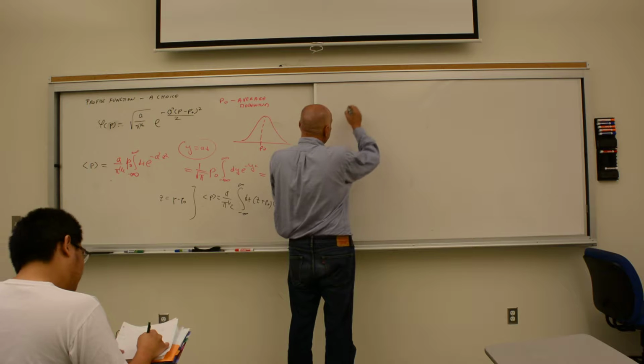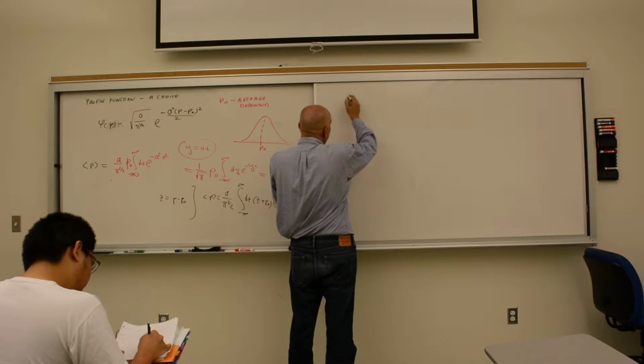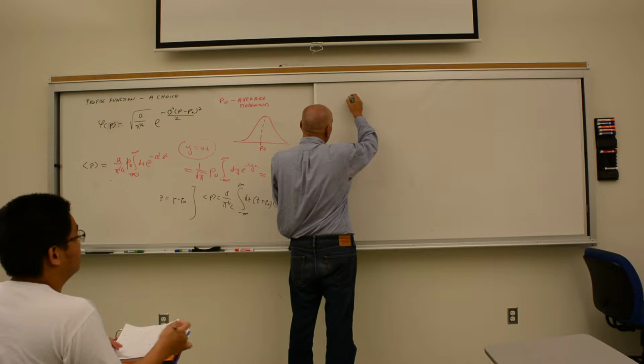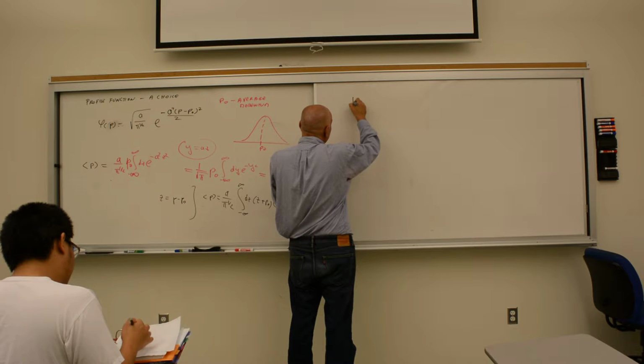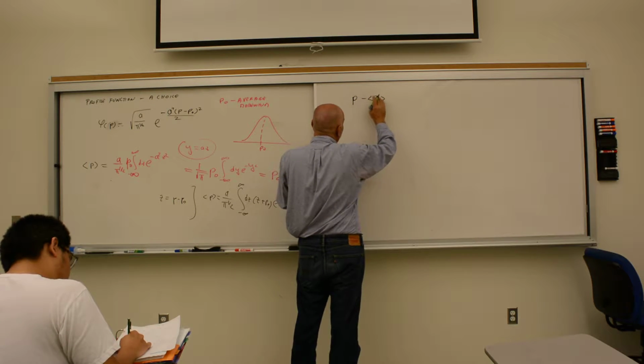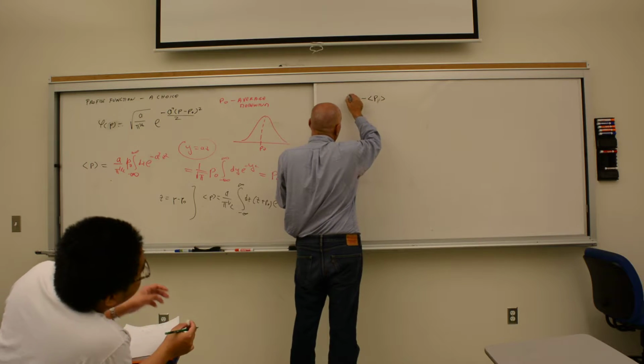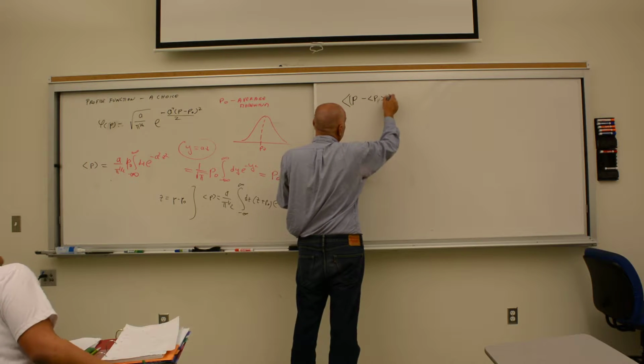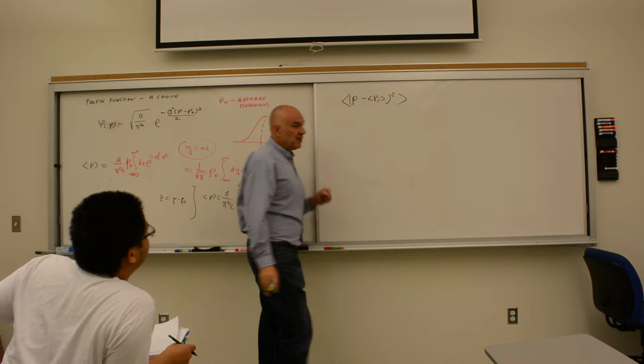So we define the variance of the momentum, P minus average of P, squared, averaged, right?